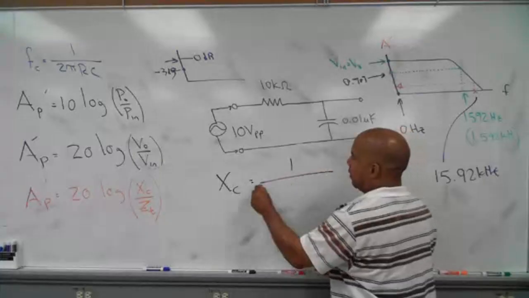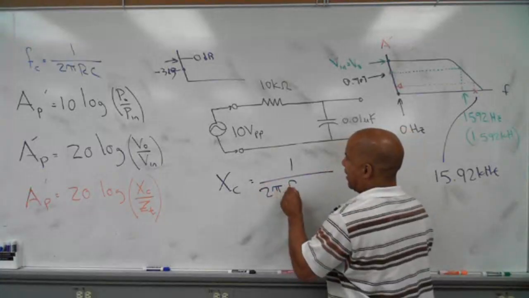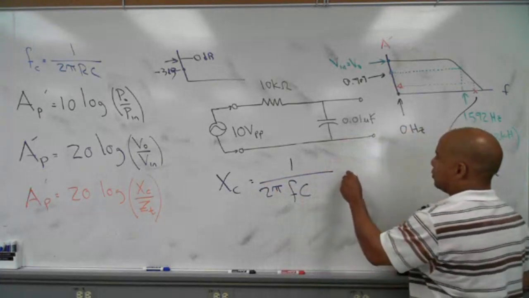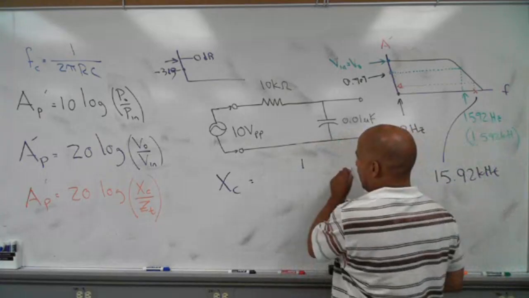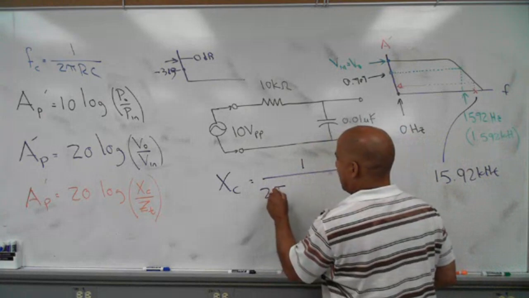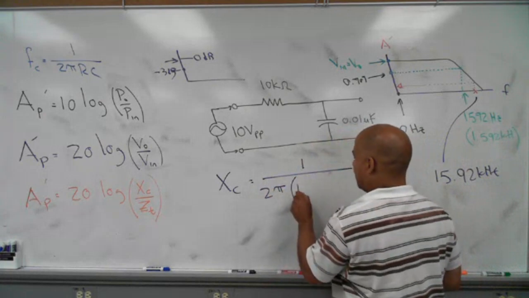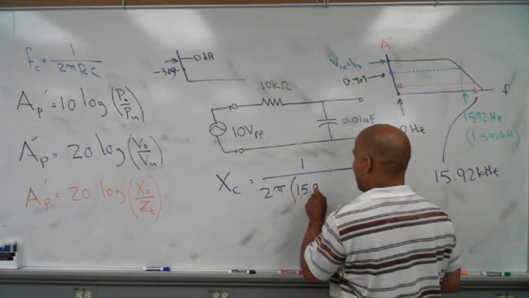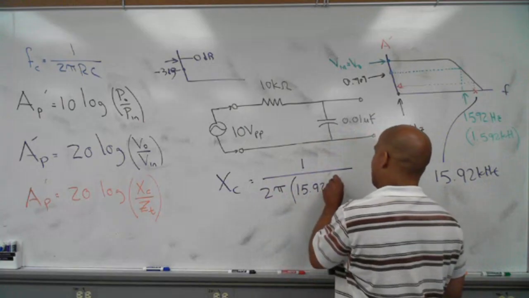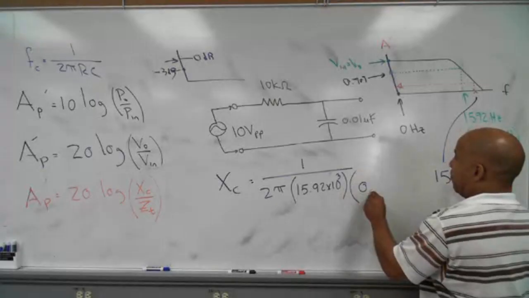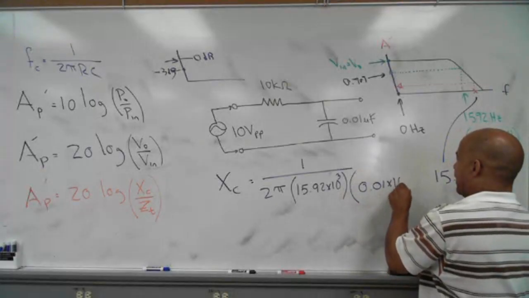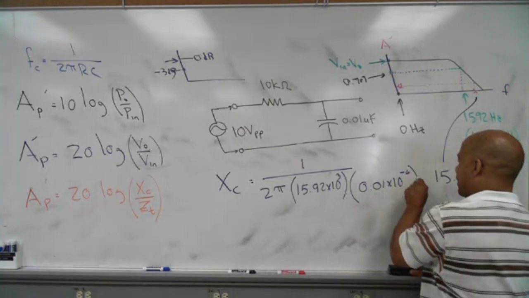So this is going to be 1 over 2 pi FC. So if I put my numbers in there, it's going to be 1 over 2 pi. The frequency is 15.92 times 10 to the third hertz. And my capacitor value is 0.01 times 10 to the minus 6 farads.